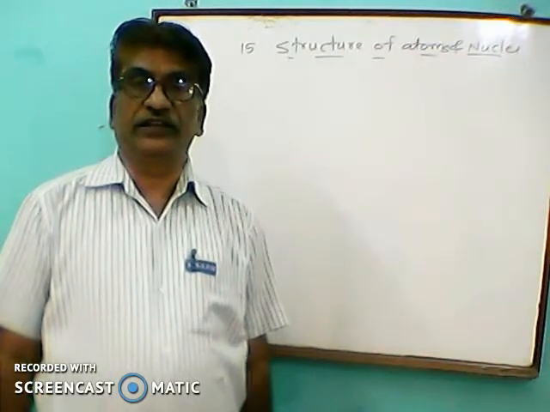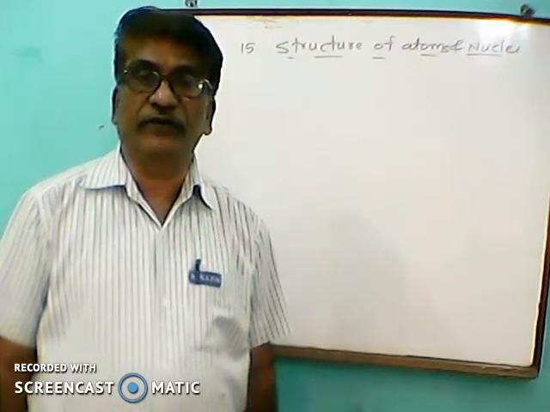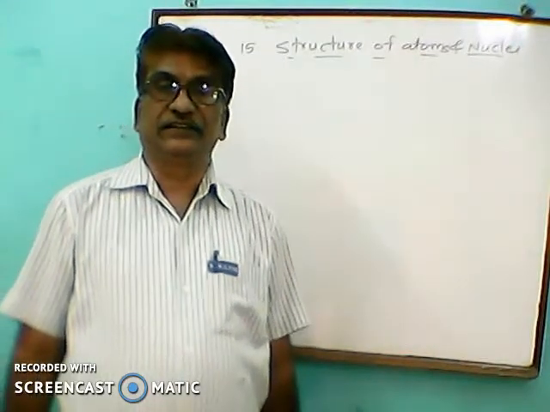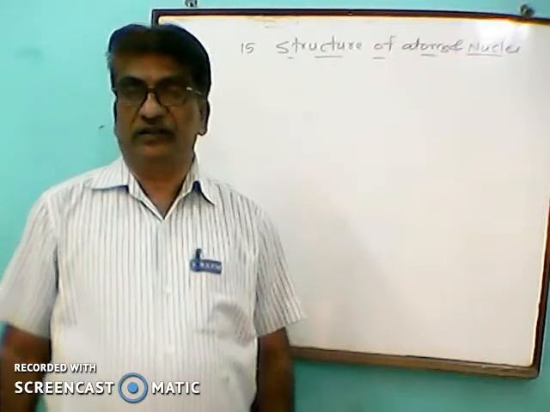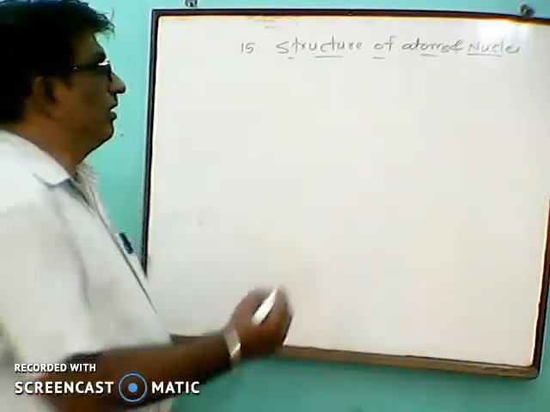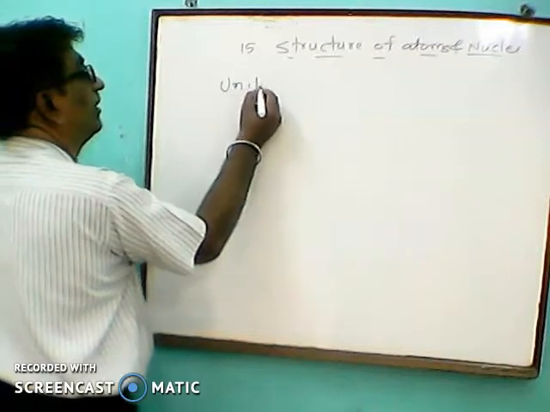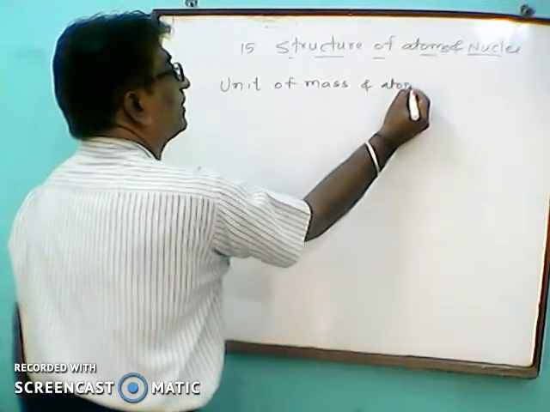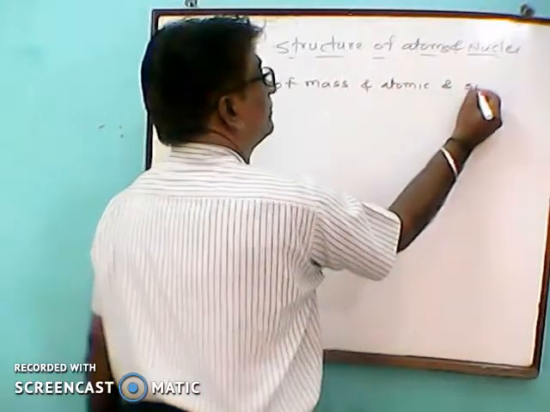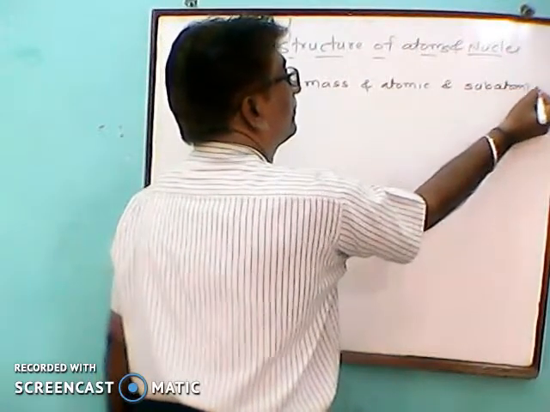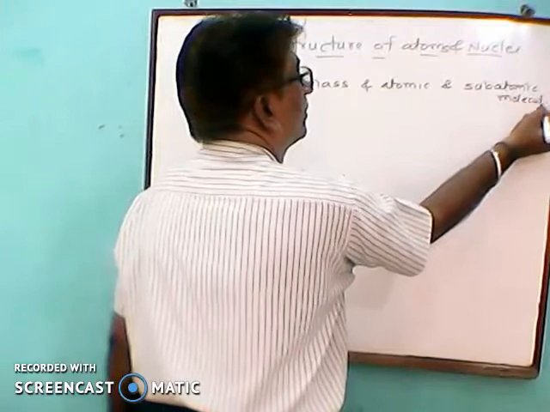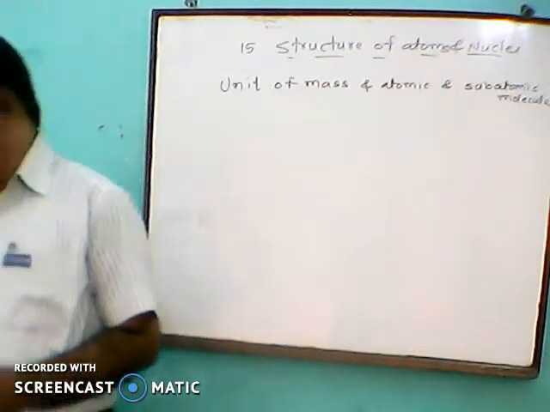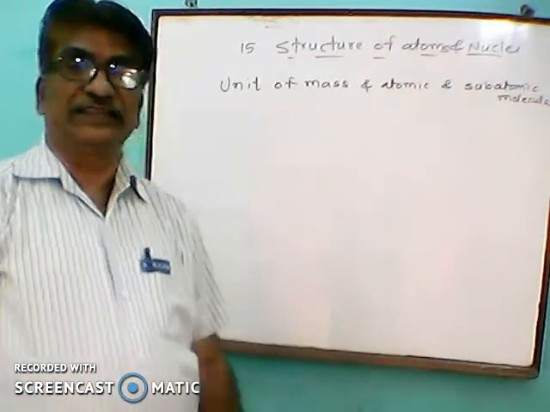Today we have seen the chapter number 15, structure of atom and nuclei. In this chapter we have seen today the point: units of mass of atomic and subatomic molecules, or we can say particles.